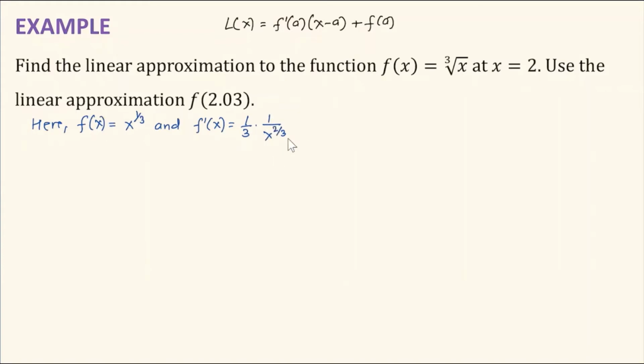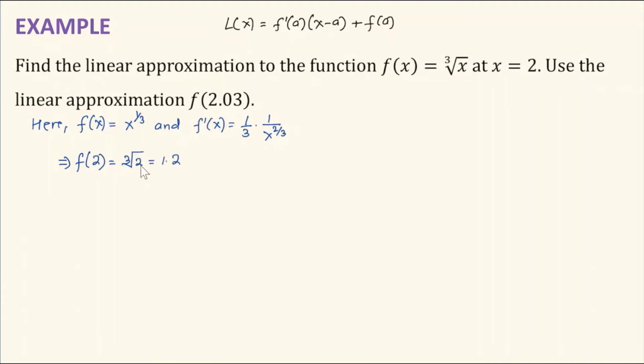Now if you look at this formula here, we have to find the derivative at a and the value of the function at a. That is, we are going to plug in 2 into these two functions. The first one is f of 2, which equals cube root of 2, or 2 raised to 1/3. If you find the cube root of 2, it should be 1.26.